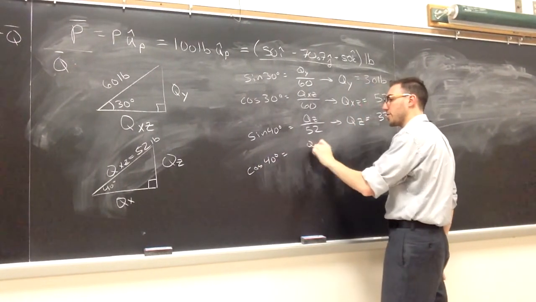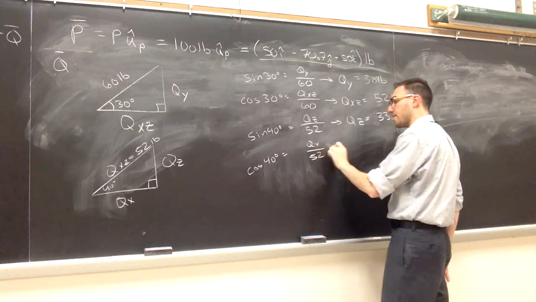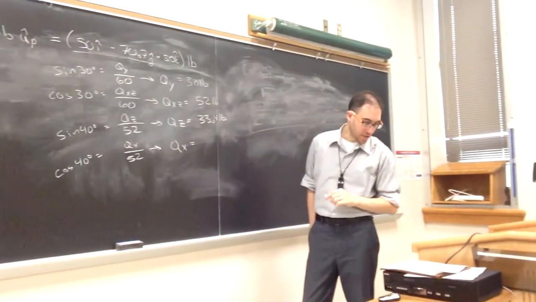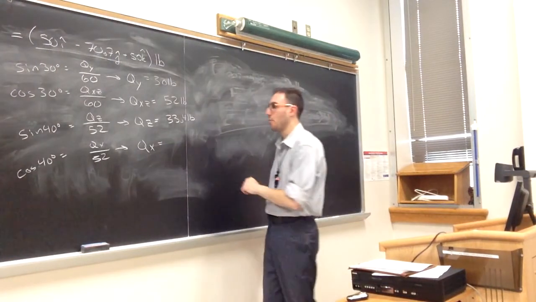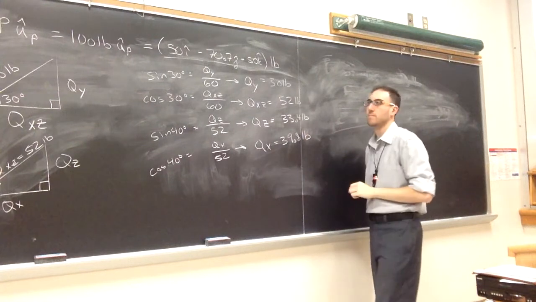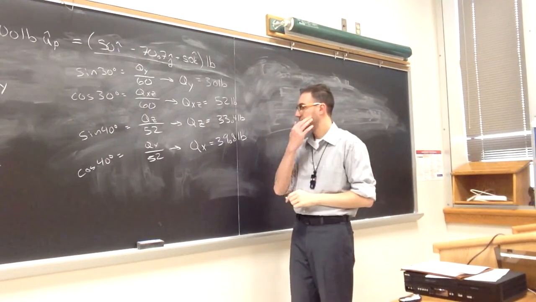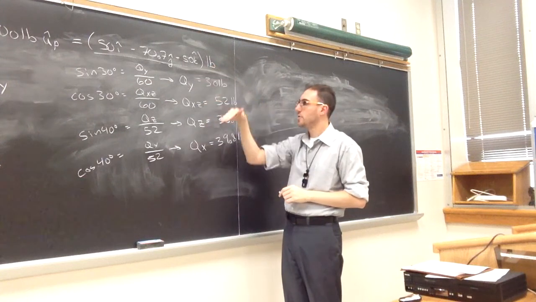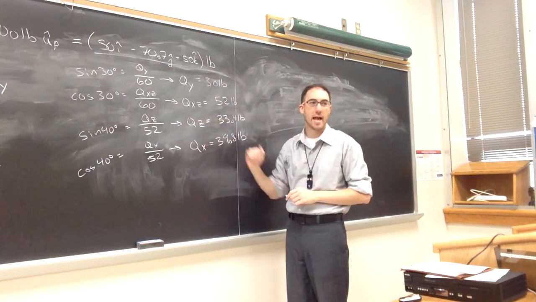The adjacent is qx, and that's over 52. So the amount just in the x direction is going to be 39.8 pounds. So I have the amount just in the y, just in the z, just in the x.